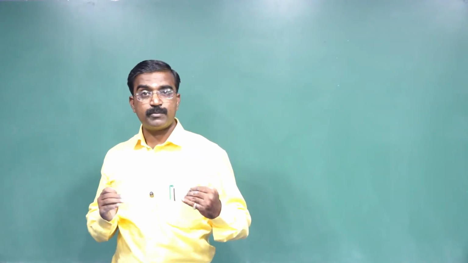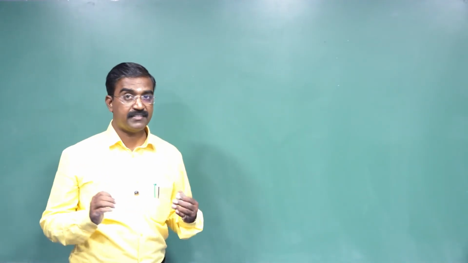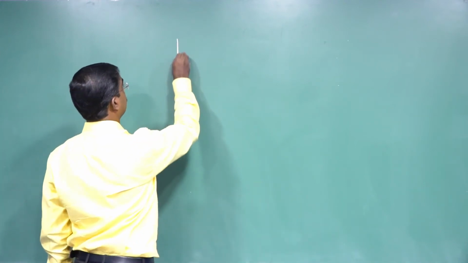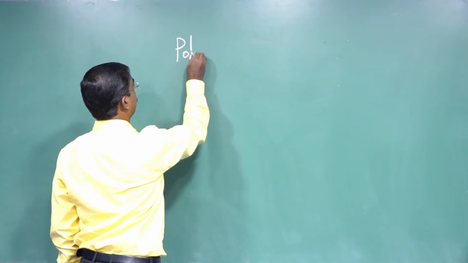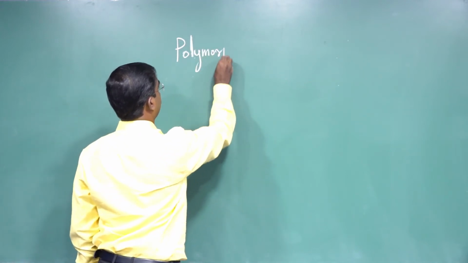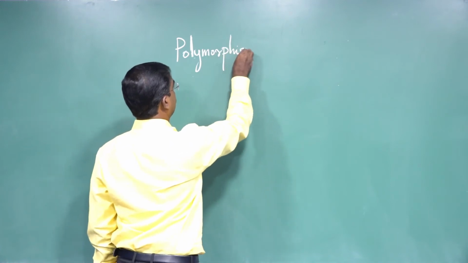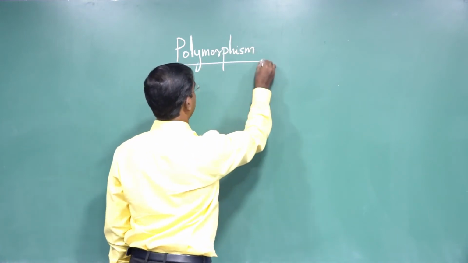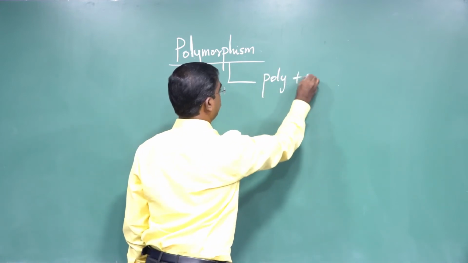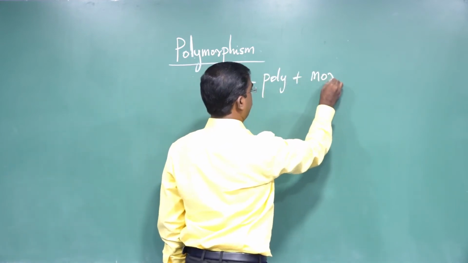We will see what is polymorphism. Naturally, polymorphism means many shapes. Polymorphism is a word derived from poly plus morphism.